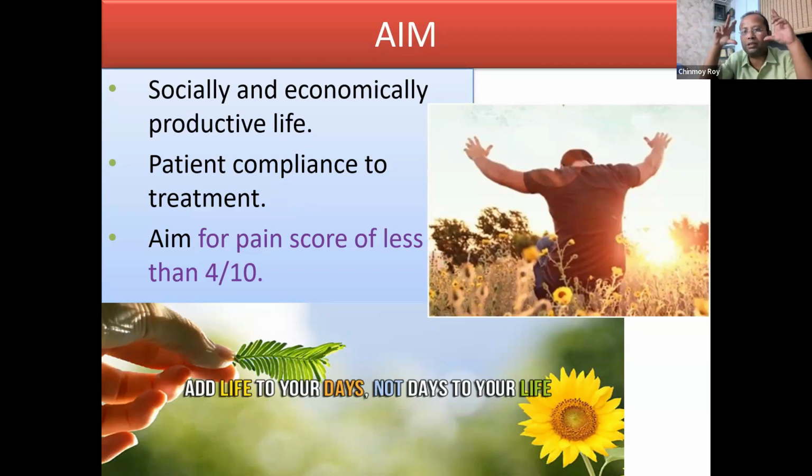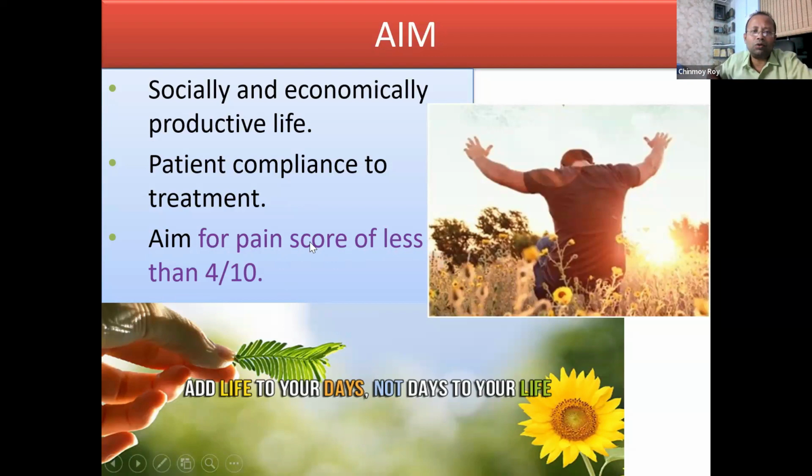That's why management of cancer pain is said like that: you consider cancer pain as a total pain. Total pain means it has multiple aspects. It is not only the physical pain, it is the emotional pain also. So while treating cancer pain, you have to take care of the emotional side also. Otherwise, the patient will not take the drugs.